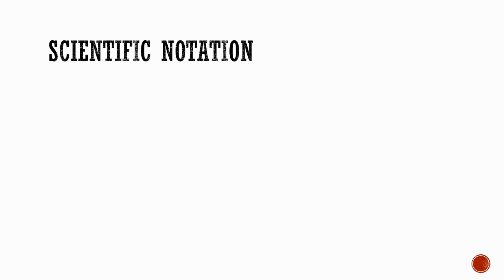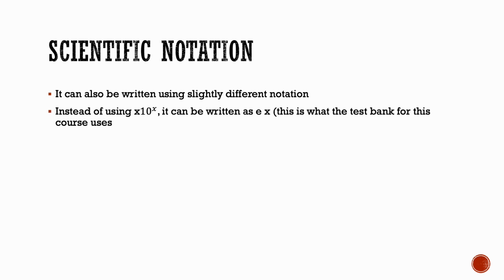Now, we'll talk a little bit about notations, because not all things will use the notation we just went over. Some calculators, as well as the test bank for this course, use different notation. So it can also be written using a slightly different notation. Instead of using times 10 to some exponent, it can be written as e and then that exponent.